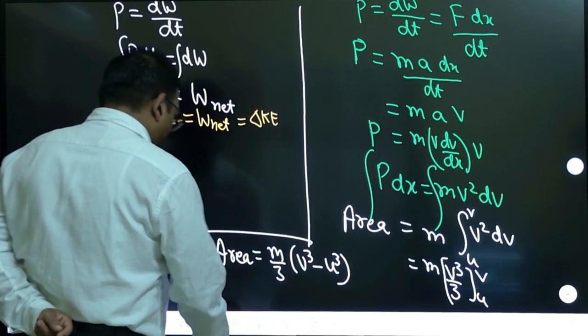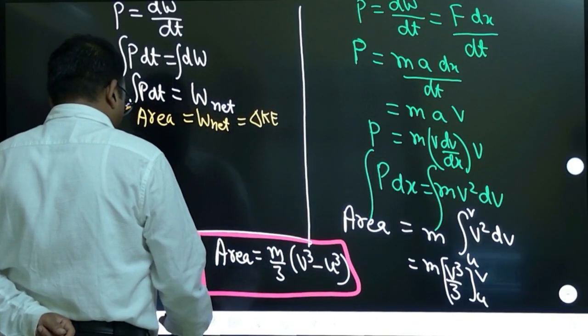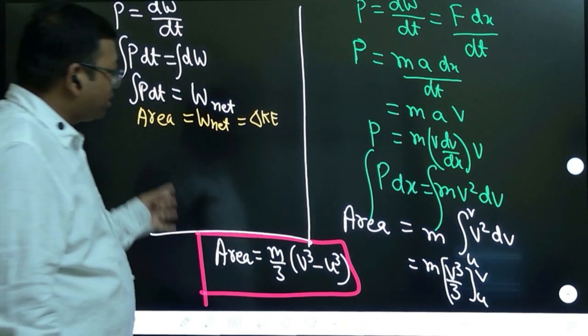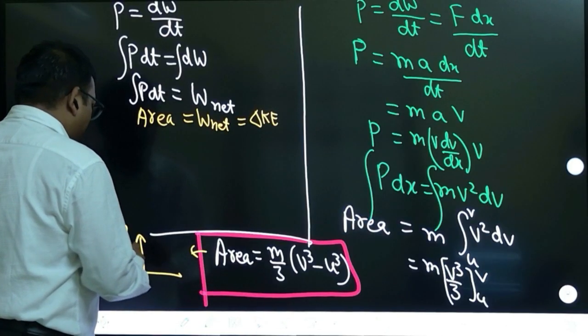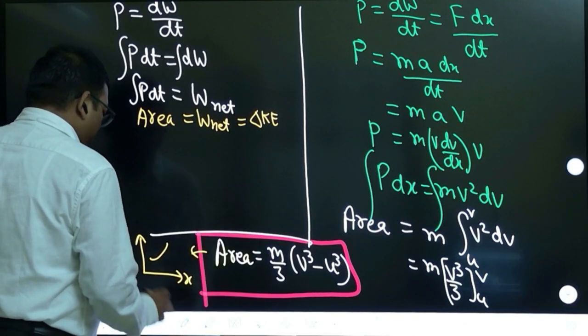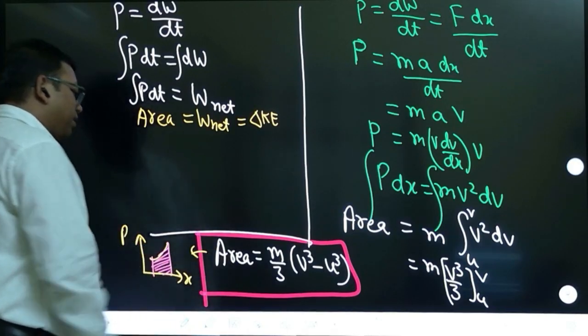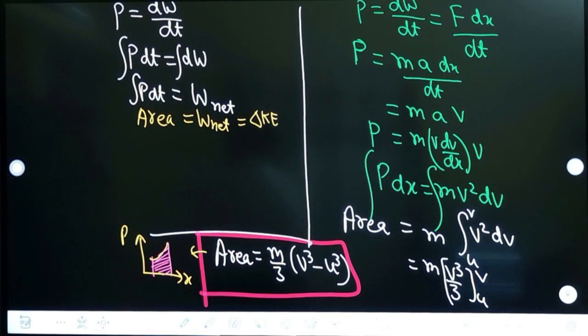This is a very important concept. In some problems it can be used, wherever they have given a power-x graph. Remember, the area of the P-x graph between two points gives this value, m by 3 into v cube minus u cube.